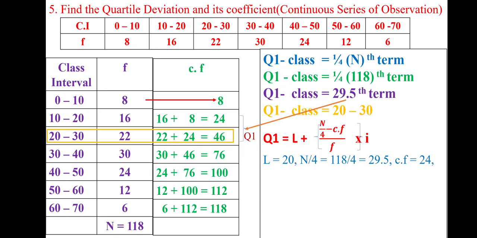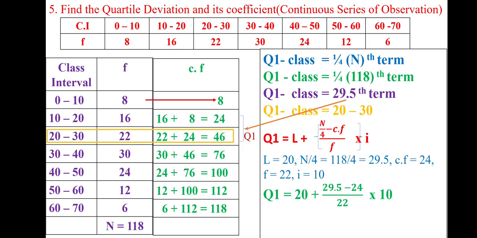In CF column, previous value of Q1 class. Here Q1 class is 20 to 30. For that CF value is 46. For that previous value 24. So CF equal to 24. F equal to 22, frequency of the median class. I, size or difference of the median class or Q1 class.